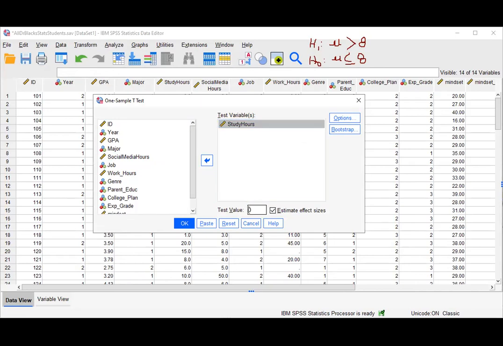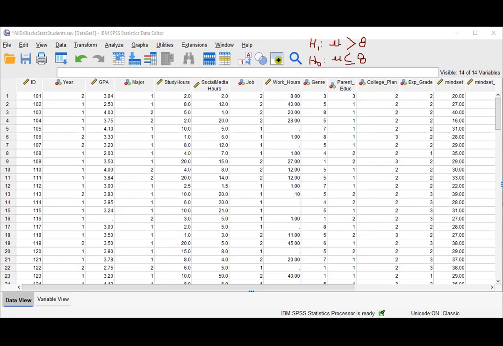We need to change our test value to 8 because we are hypothesizing that BC students study more than 8 hours a week. And so our test value will always be the value that we have in our hypotheses. We click OK.